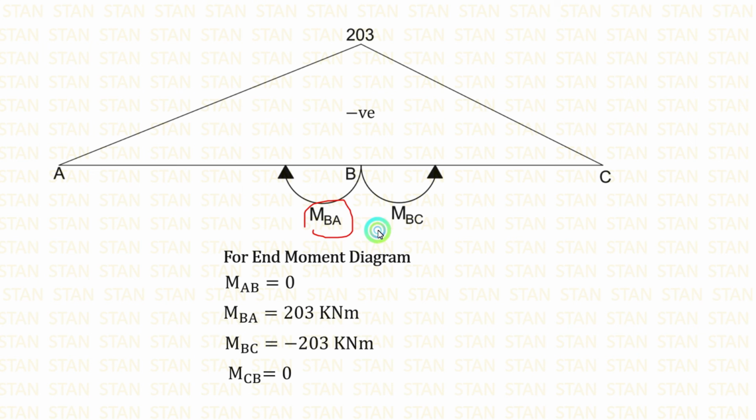Even though we are having two moments here, we should not make 2 points. Only one point we must make because both of these arrows are indicating upwards. End moment diagram will be negative if it comes above this line. If it goes below the line, that will be positive. Right now it comes above the line, that is why it is negative.